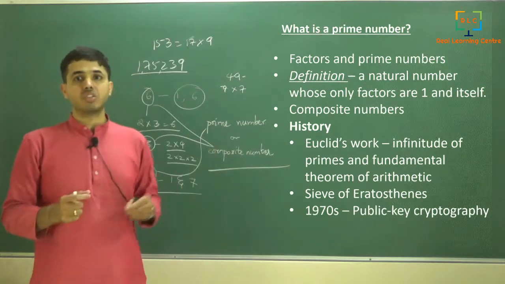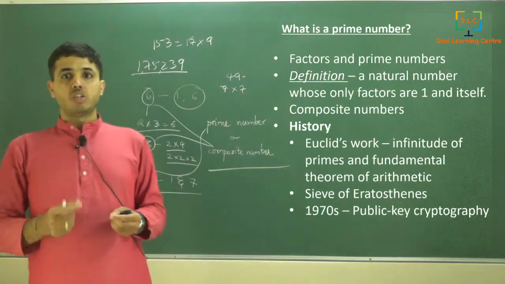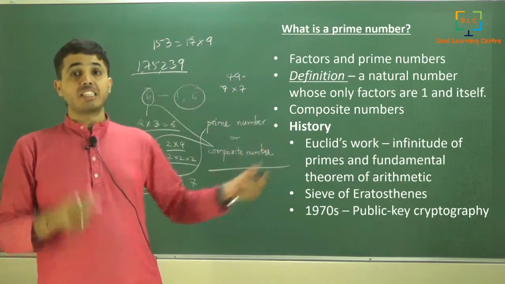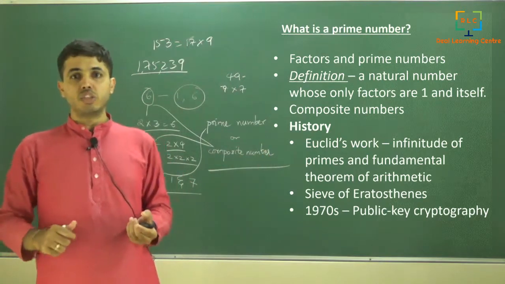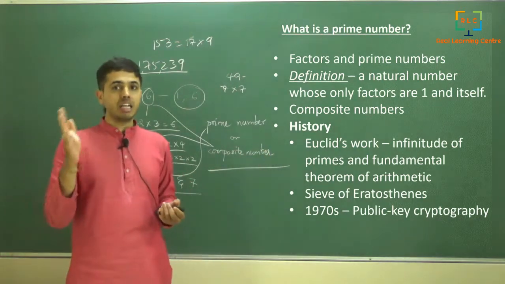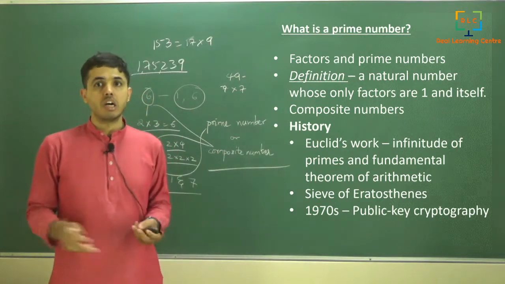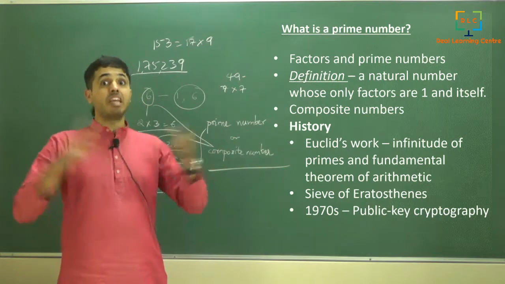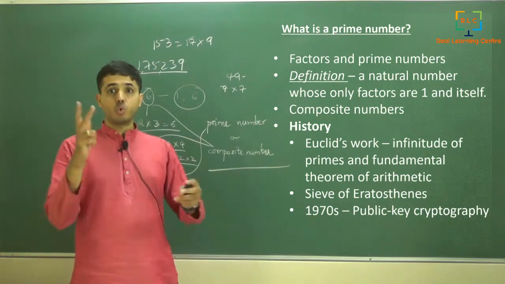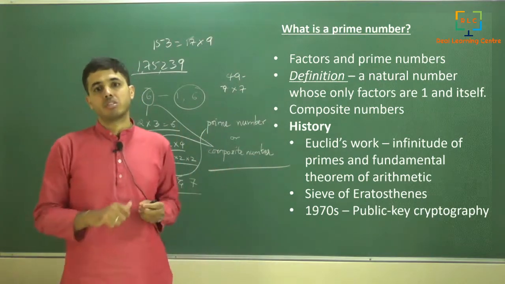Only then can he read the message. So I have one key to encode, and the receiver has another key to decode it. This is called a public key crypto system, or cryptography, where they used the concept of factorizing a very large number into two, again, large prime numbers.